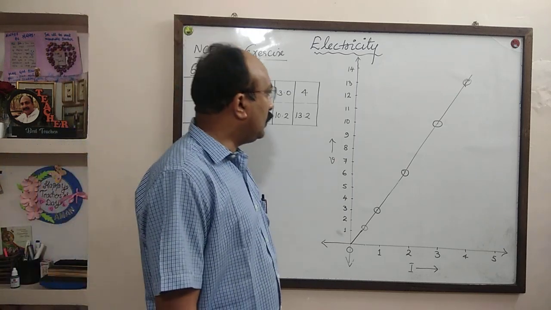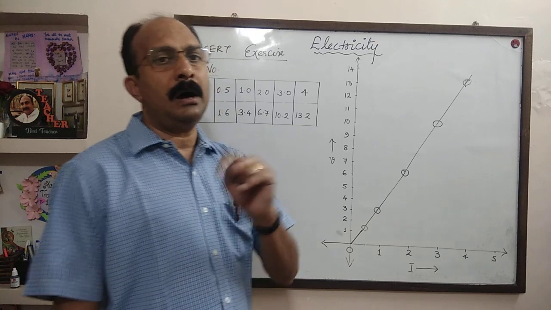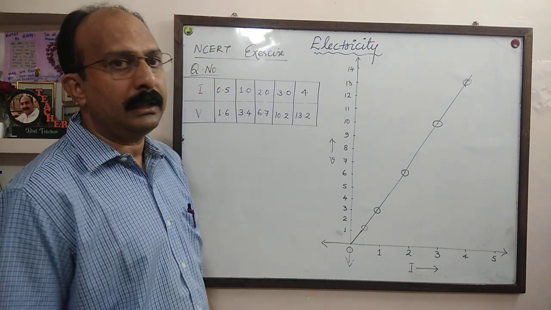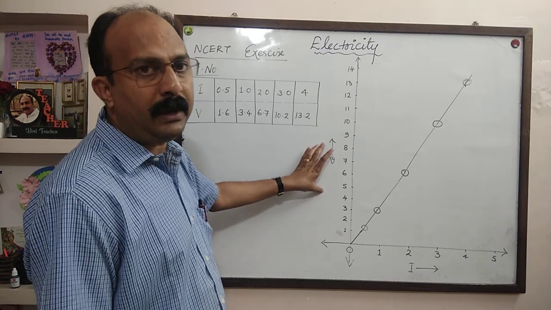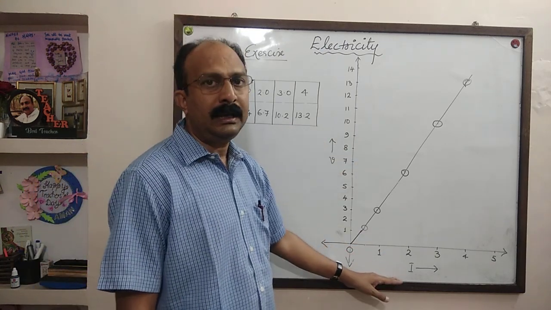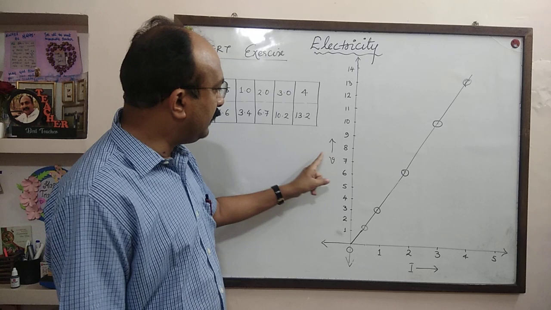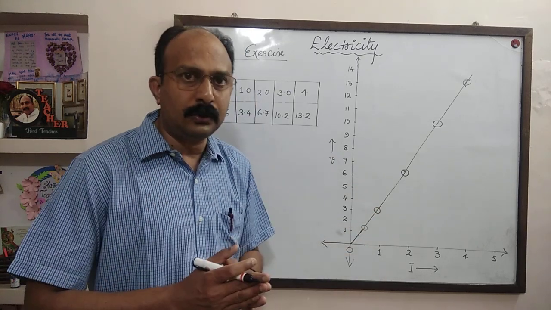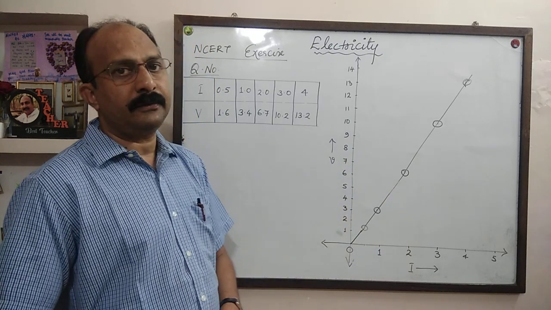Second part, also calculate R. And we know that R is V upon I. V is on Y axis, I is on X axis. So what can we say about V upon I of this graph? It is also called slope of this graph.